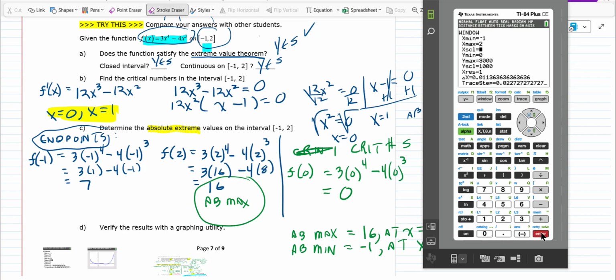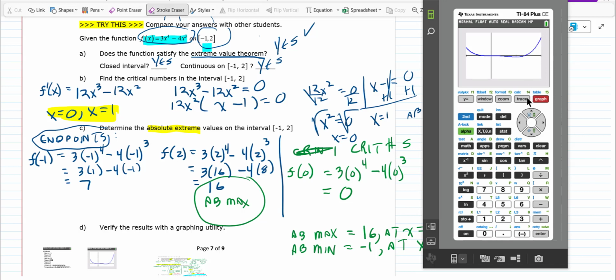And then as far as y, well, 16 is the max. I'm just going to go negative 20 to 20. It's up to you what you use, but you want to make sure that the max fits in that interval and so does the min. So if I graph that, you can pretty well see that here's your max right here.